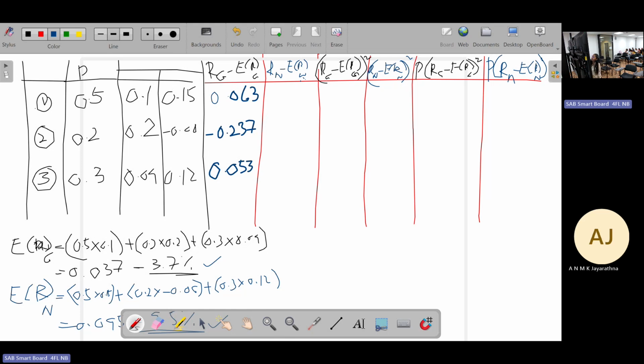Second one 0.055. Is this correct? Then second one minus 0.175. Third one 0.025. Then squared balances 0.00396.